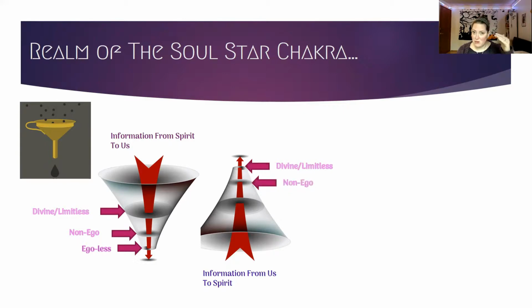Non-ego, what we're talking about today, or the soul star chakra, is the filter that is a non-ego filtering system. And the ego-less is the causal chakra. So depending on which way it's going, if it's information going to spirit or information coming from spirit, it just depends on how much filtering needs to be done for either way.